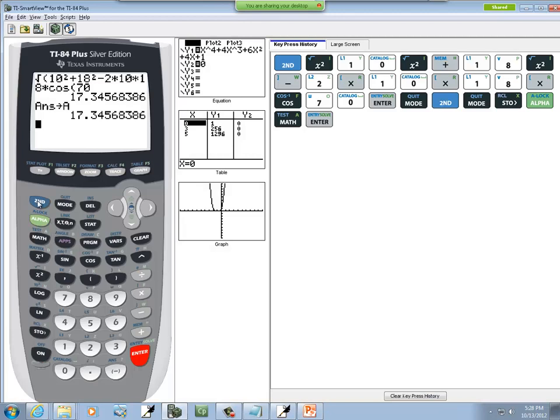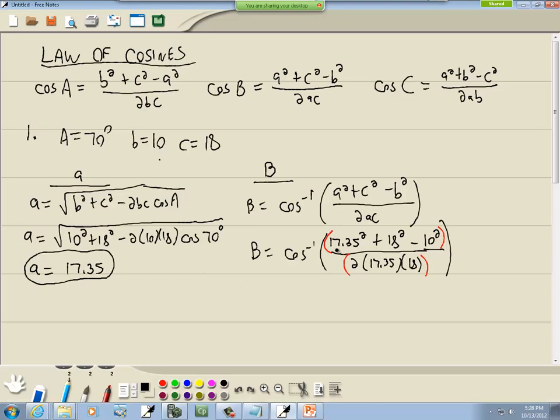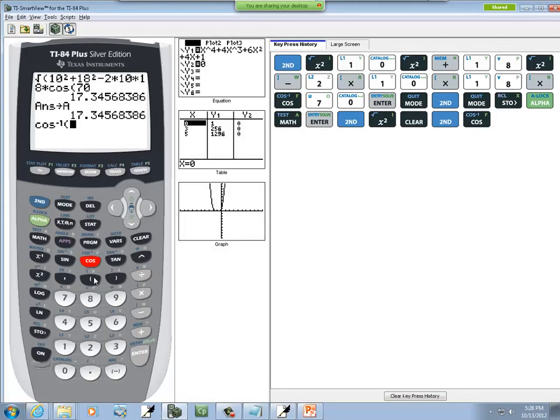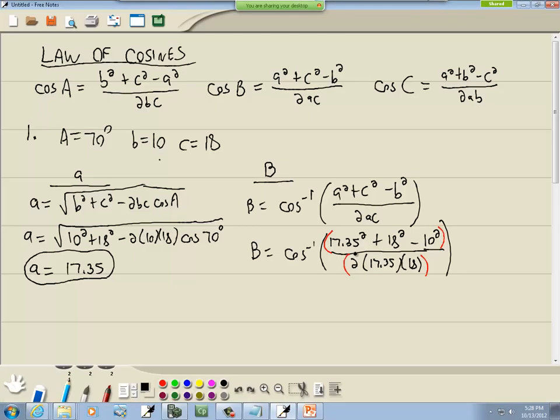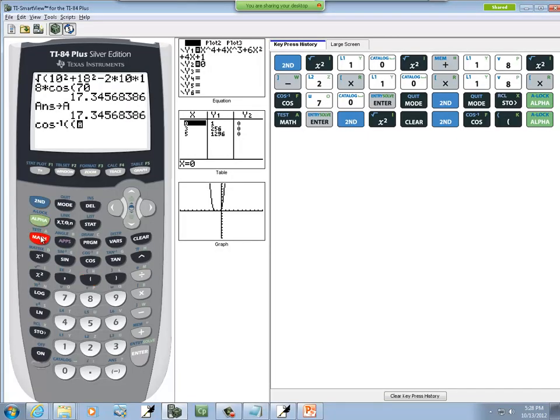Okay, so I'm going to do second. What am I doing? It's inverse cosine. Okay, second cosine. And then we'll do a beginning parentheses for the top part. 17.35 squared. Now I don't want to put that in. Remember, I stored that in A. So I'm going to do alpha math to get A squared plus 18 squared minus 10 squared.